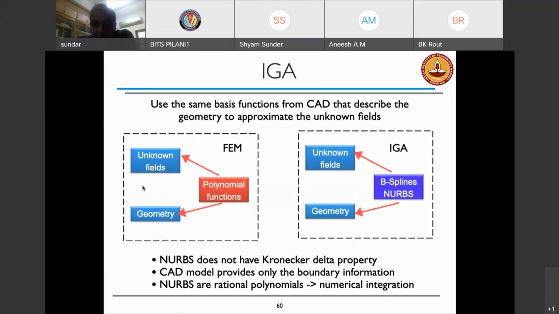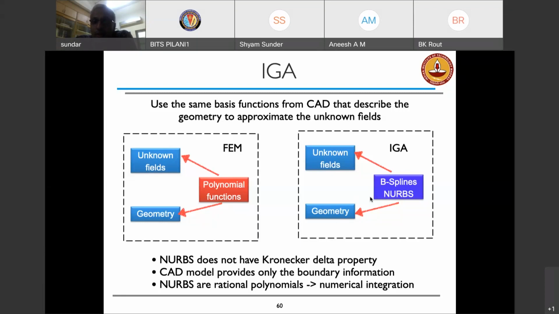We call that the parametric space. And we use those functions to represent the unknown field. So that's the first step that we do. We say, okay, u is written as a linear combination of these functions, and these functions are in the parametric space. And now we use the same functions to represent the geometry. So that's why it's called isoparametric. Iso means same as the parametric space.